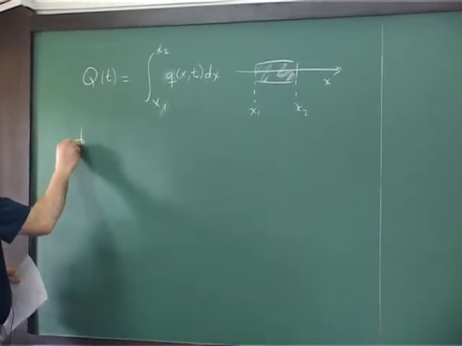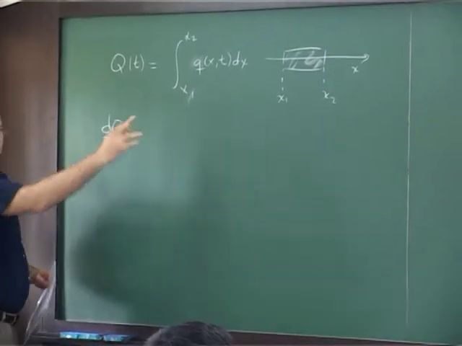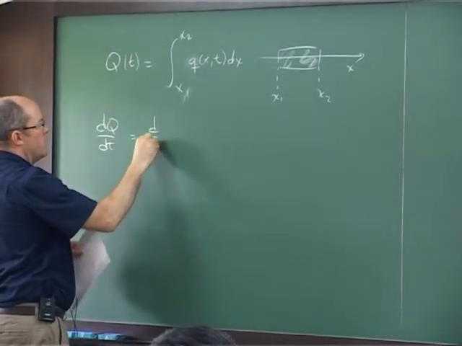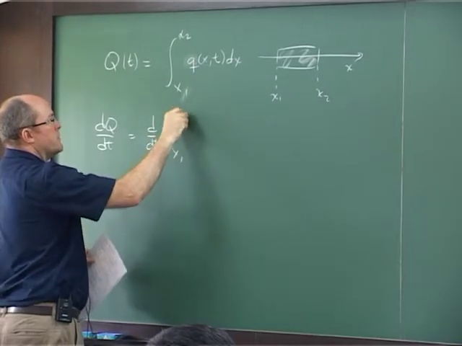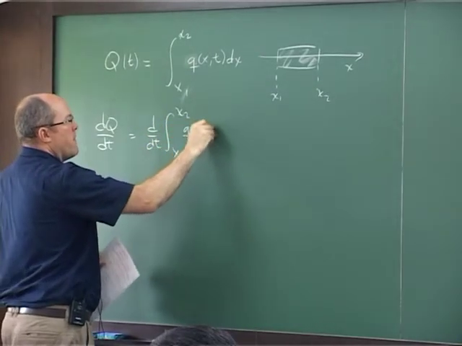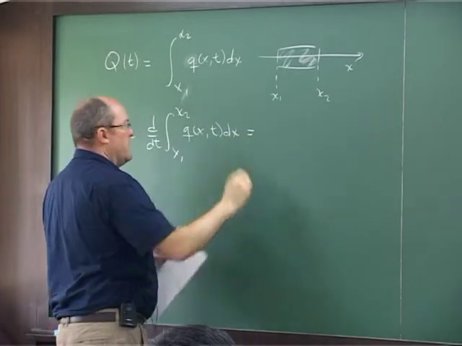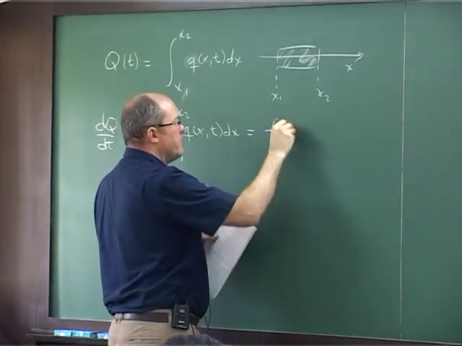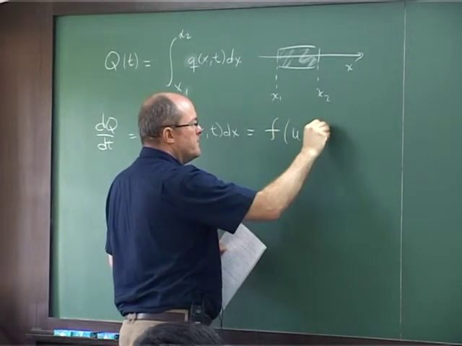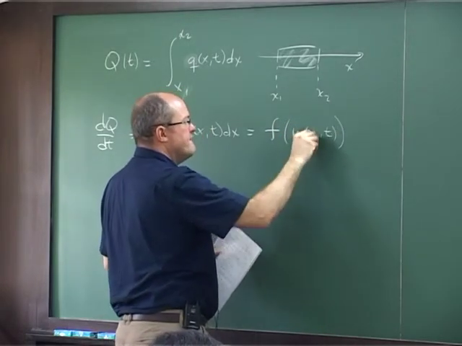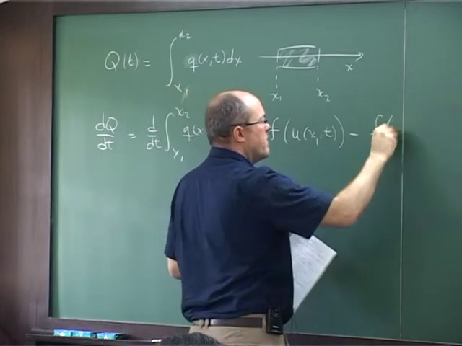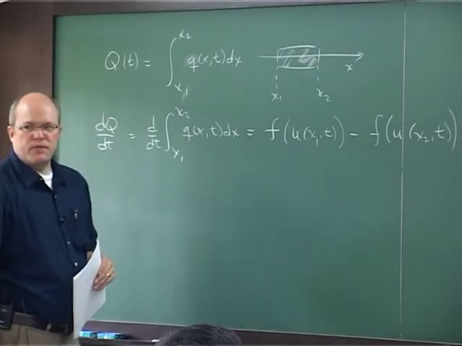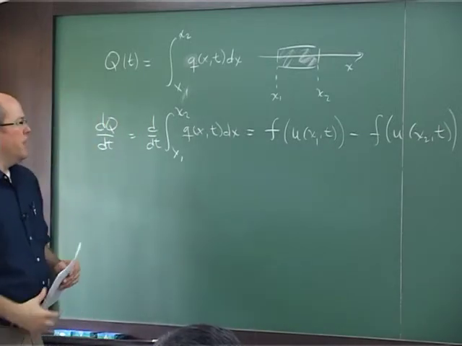If I want to know how Q varies in time inside of the box, then I can take the time derivative of my integral, which I've just written down. And I'm going to write that in terms of a function f, where this function f is a flux function. And you've seen this before.